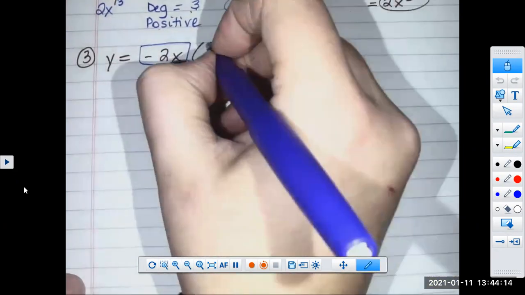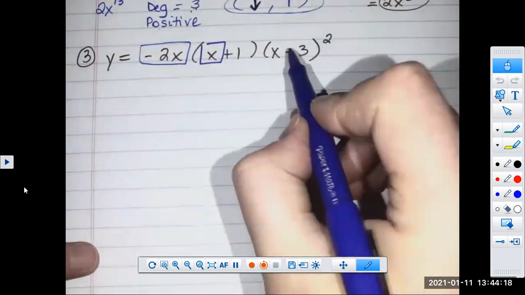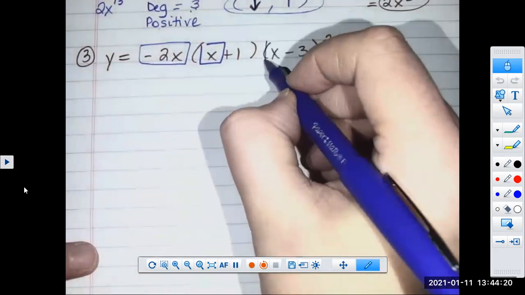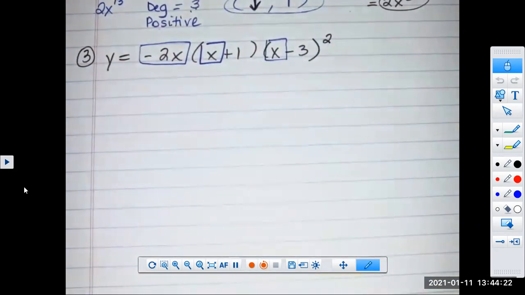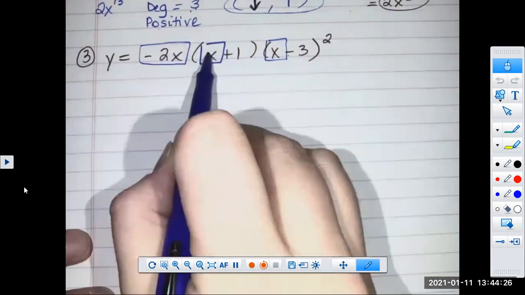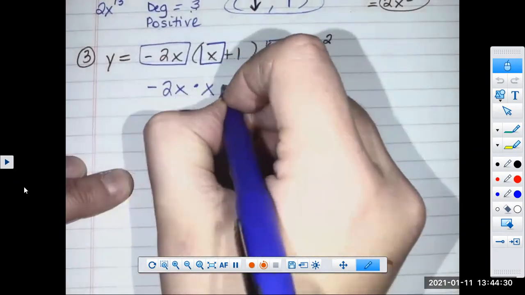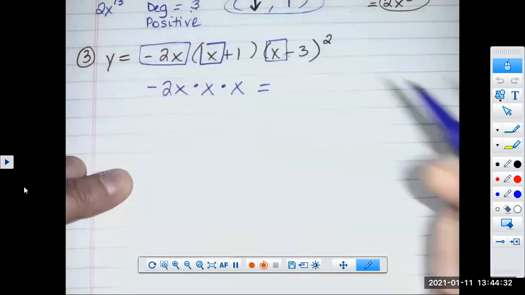Good. Your degree is 1, so that means x to the first is your leading term there. And your degree is 1 here, so that means x is my leading term in that part. So take all of your leading terms and multiply them together. So negative 2x times x gives you what?